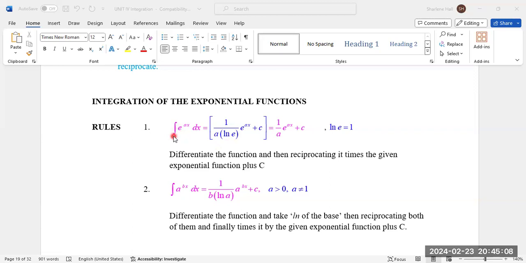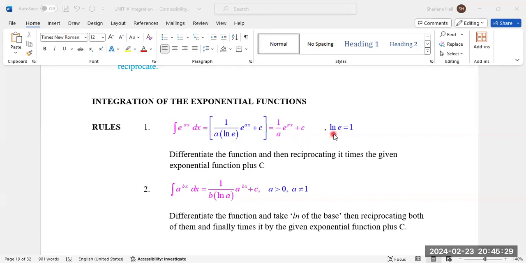Do you notice that I have ln e inside here? So when I differentiate this, I'm going to get a. But I'm also going to have the ln of this exponential function e here.